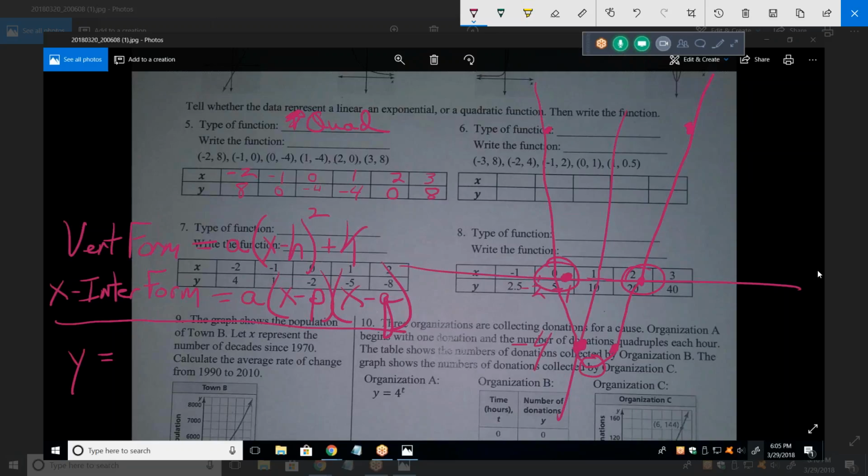Okay, so let's fill in as much of this as we can. y equals, we don't know what A is yet, but we know the rest of it. What's the rest of it? Well, we're looking for where y is 0. In other words, that'd be the 2 points on the parabola that I have circled. So -1 and 2. You got it. So what does this become when -1 is substituted for p?